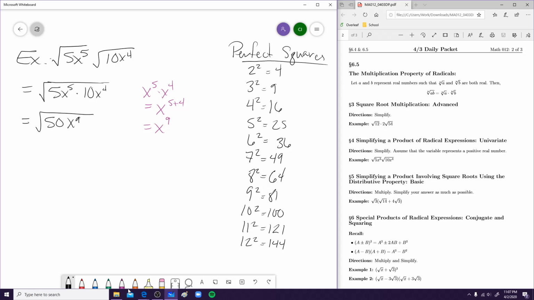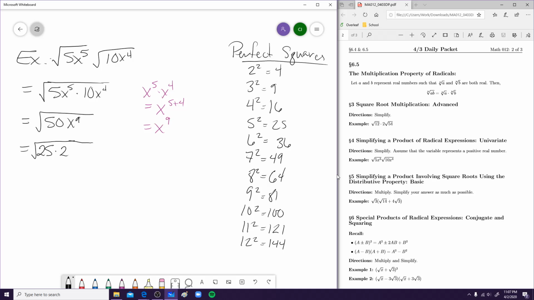So now we want to simplify the square root of 50 times x to the 9th. So for 50, doing that process, the first perfect square that goes into 50 nicely would be 25. Right? And 25 times what equals 50? That is 2. And for x to the 9th, this can be simplified.